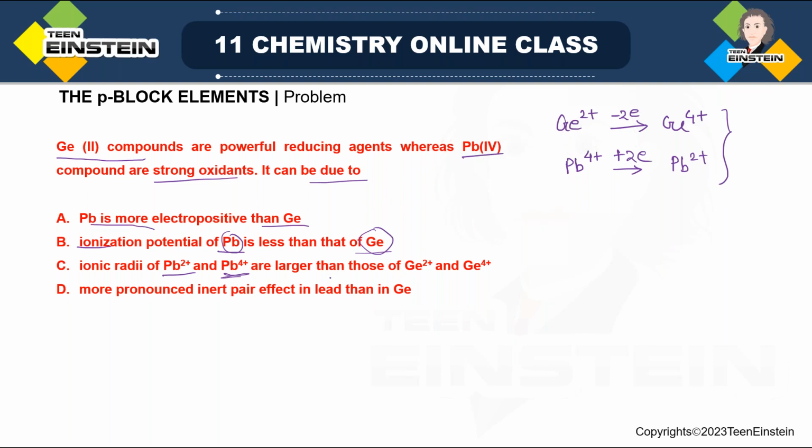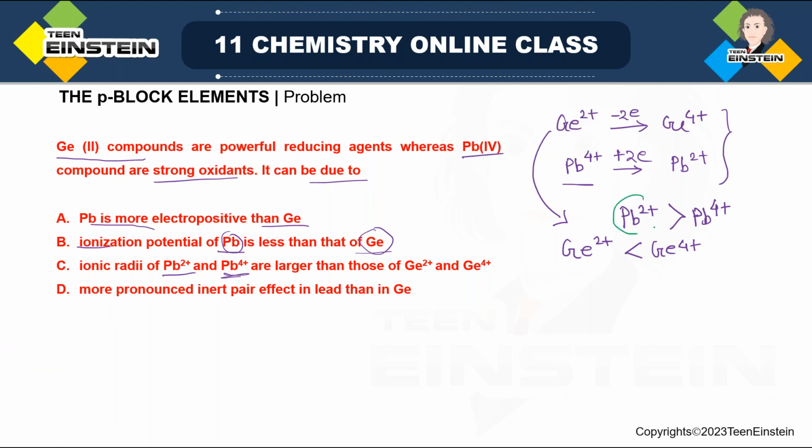So for the oxidizing property, as we are seeing here for Pb4+, Pb2+ is more stable compared to Pb4+. And for the first observation, we can say that Ge2+ is less stable than Ge4+. That is why ultimately it is converted to Ge4+.